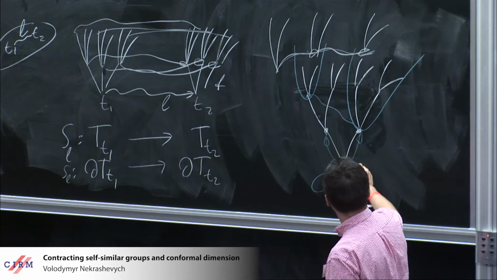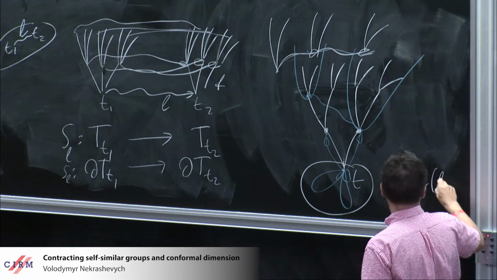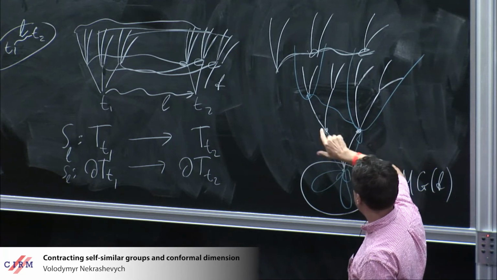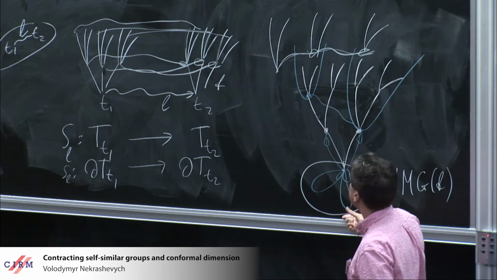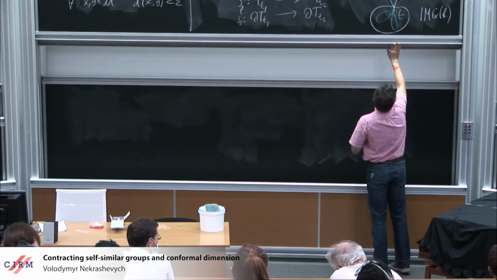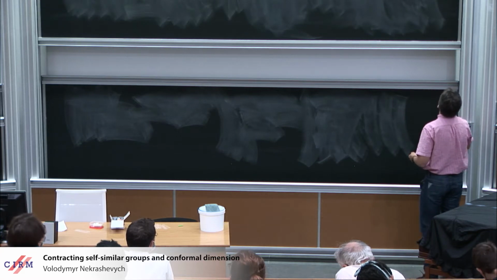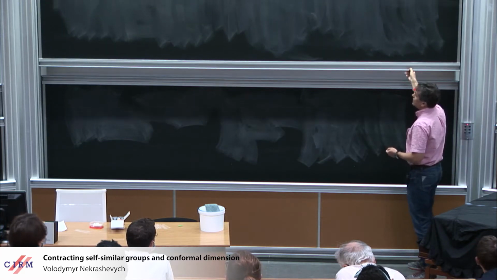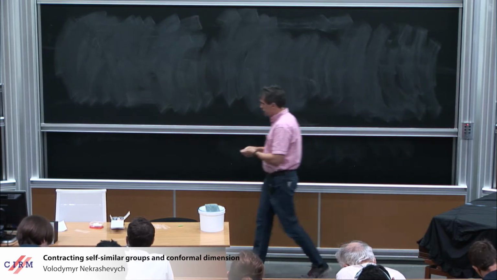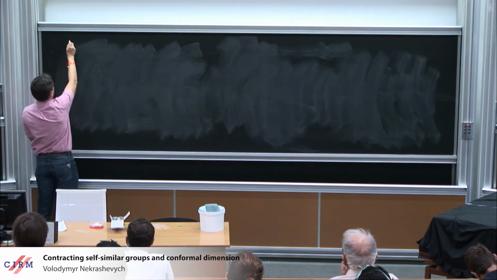So the group defined by the loops is called the iterated monodromy group of the map F. But in addition to the iterated monodromy group, we have these maps which map the whole tree to subtrees. Now we have the iterated monodromy group, the subgroup of this semigroup generated by the loops.